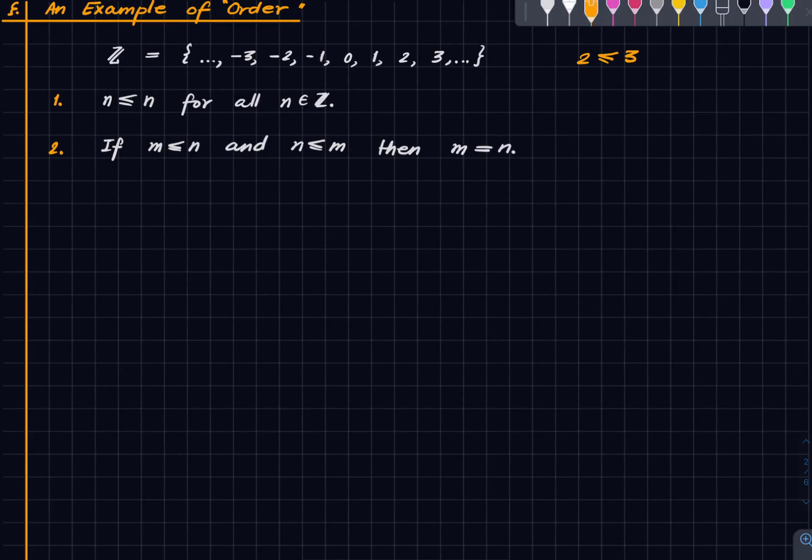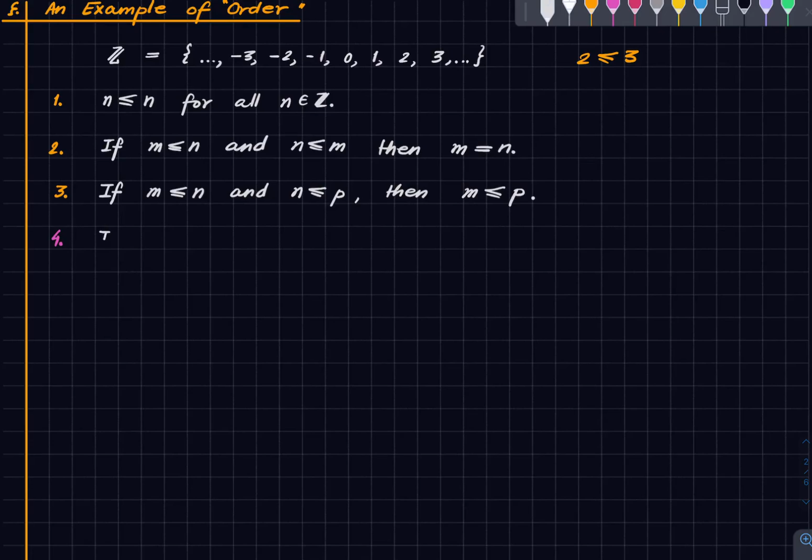And lastly, if m is less than or equal to n, and, unfortunately O is a very bad symbol, so I will have to resort to P. So if m is less than or equal to n and n is less than or equal to P, then m is less than or equal to P. So these three properties hold. There is also an extra property.